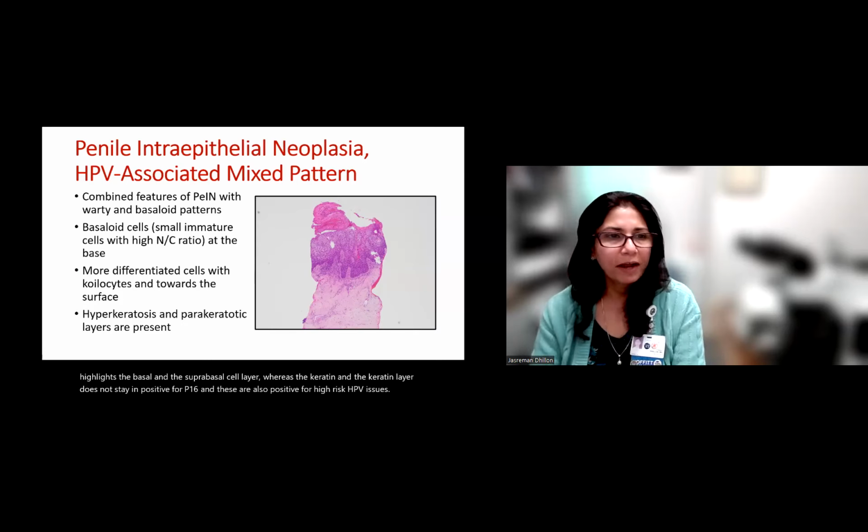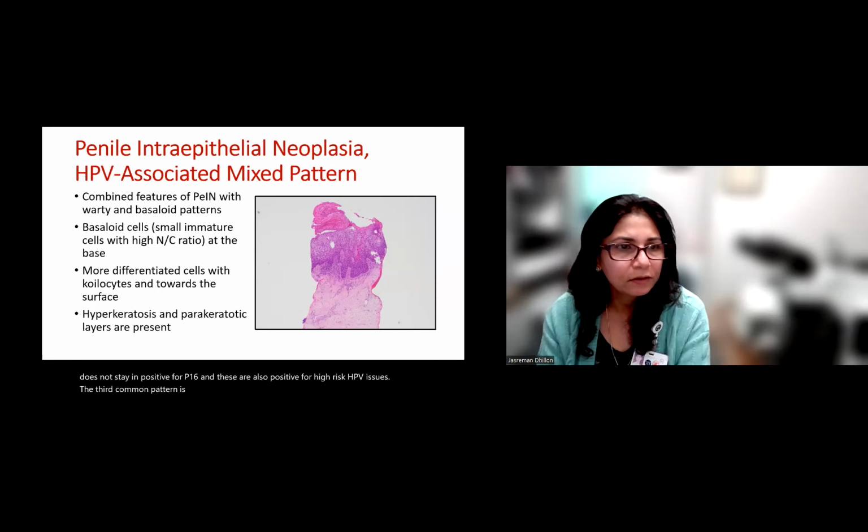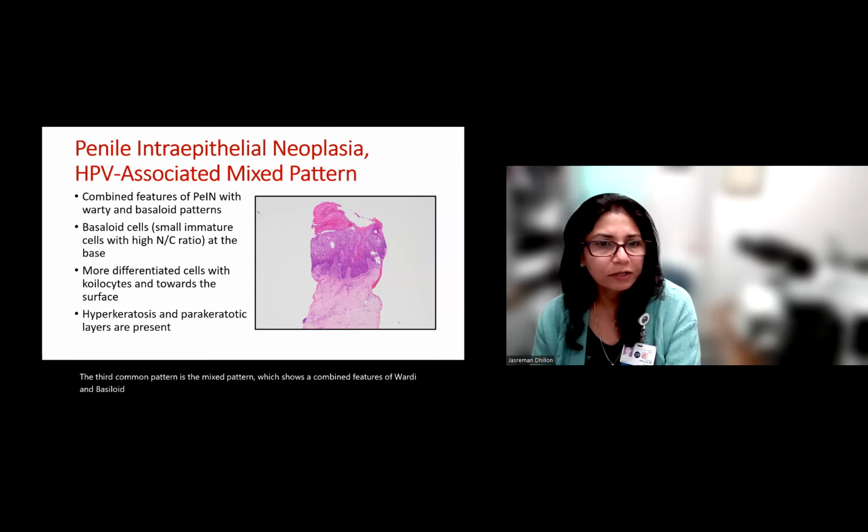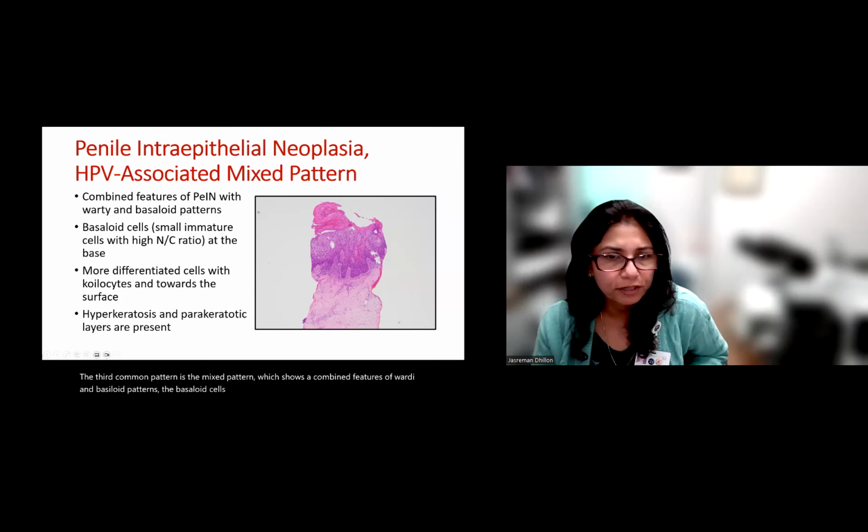The third common pattern is the mixed pattern, which shows combined features of warty and basaloid patterns. The basaloid cells, which are the small immature cells with a high N-to-C ratio, are seen at the base of the epithelium, and the more differentiated cells, including some coilocytes, are seen on the surface.